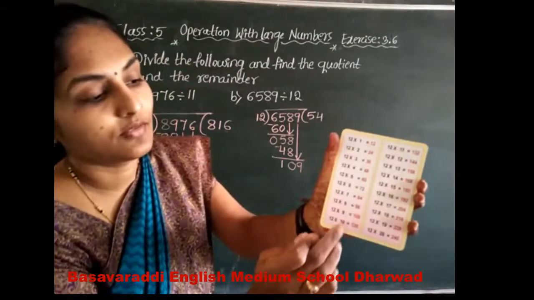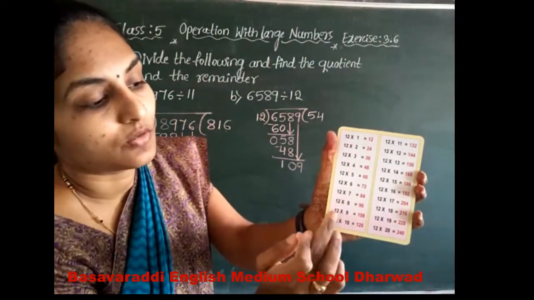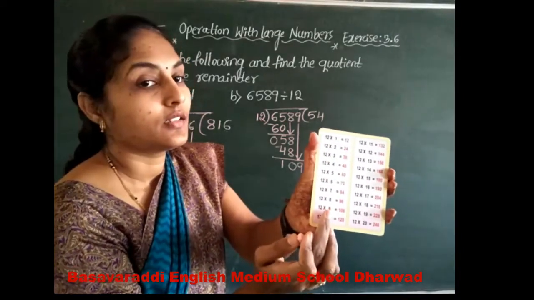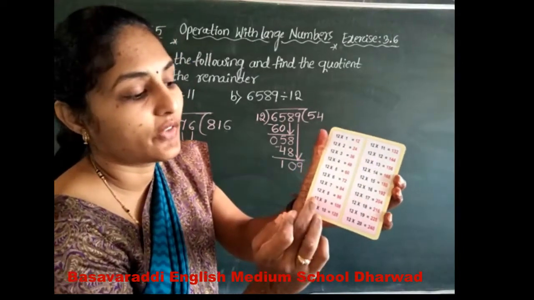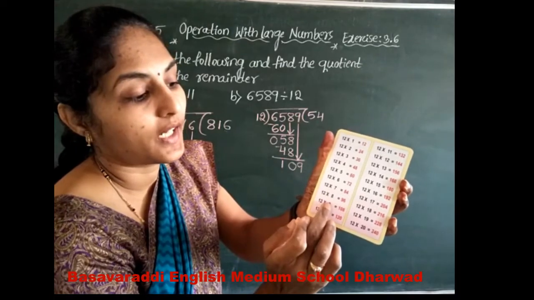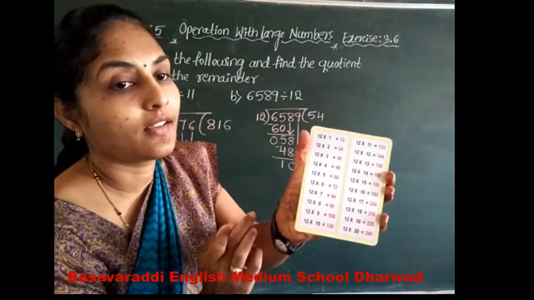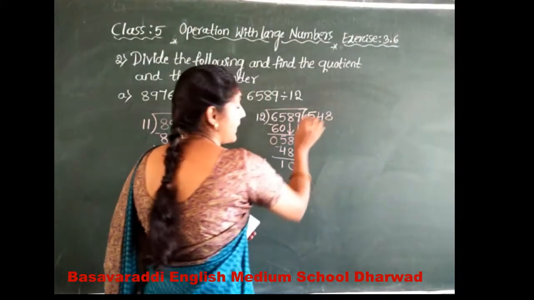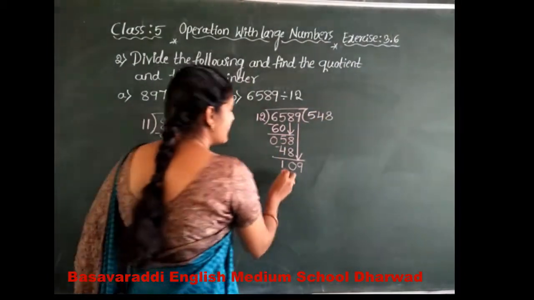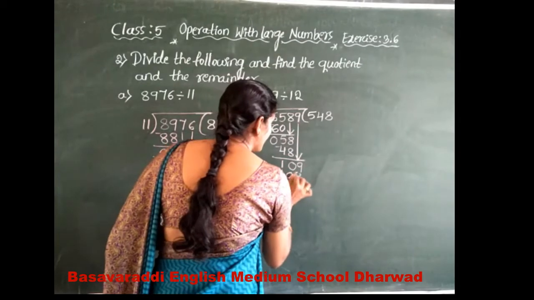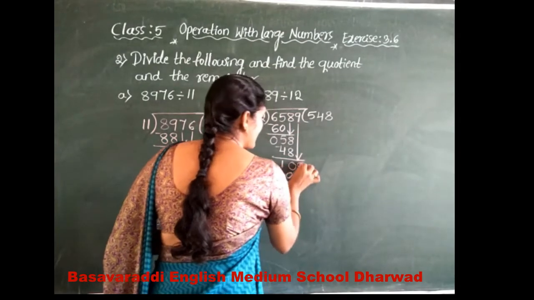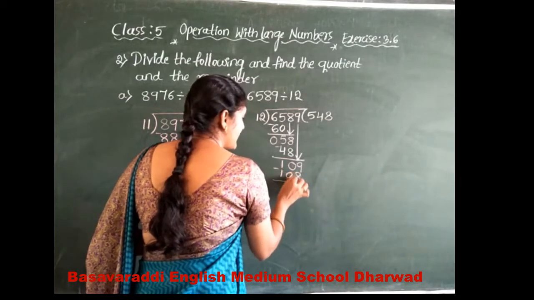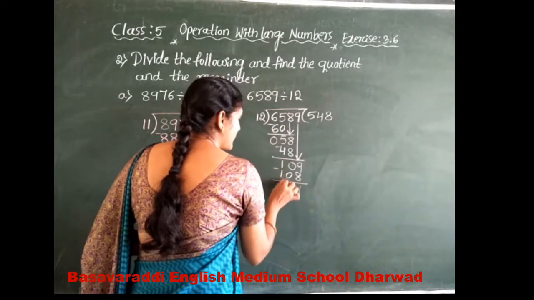No. The nearest to 109 is 108. It means 12 multiplied 9 times gives 108. Write 9 in the quotient part and 108 below. 9 minus 8 is 1, 0 minus 0 is 0, 1 minus 1 is 0.